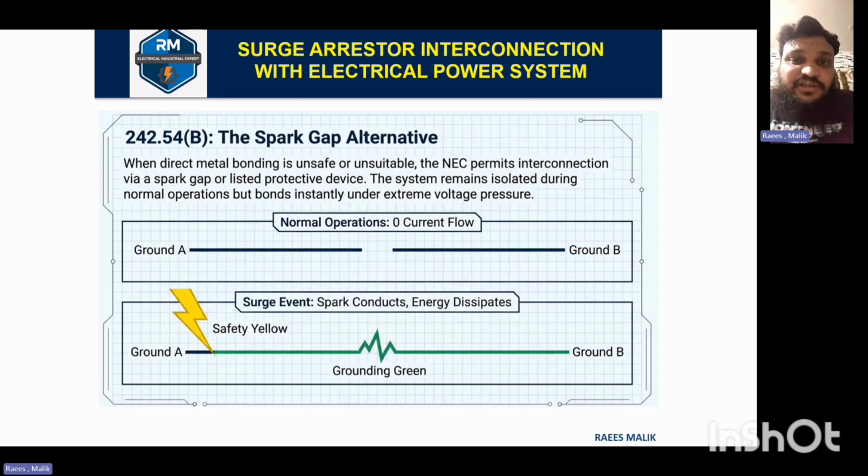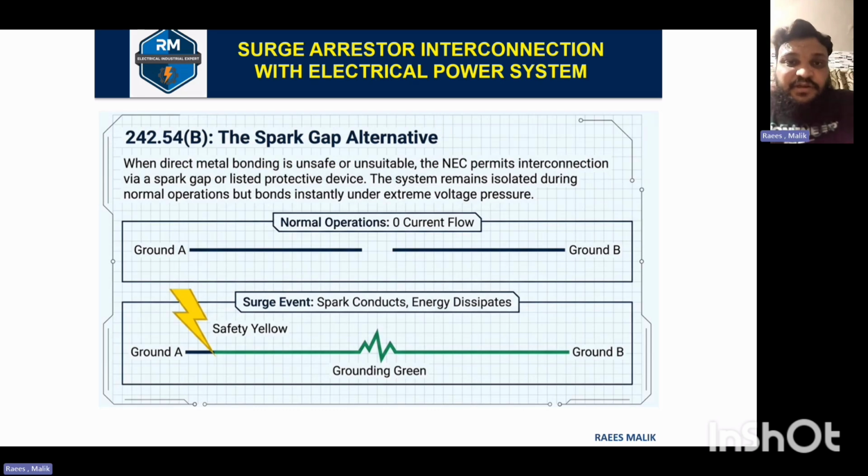When direct bonding is inappropriate and cannot be used, then we can use the spark gap alternative, or a surge protection device or surge arrestor that has a metal oxide semiconductor, which is voltage dependent. When a surge strikes the system, it changes its variable resistance and safely diverts the lightning strike to the ground.